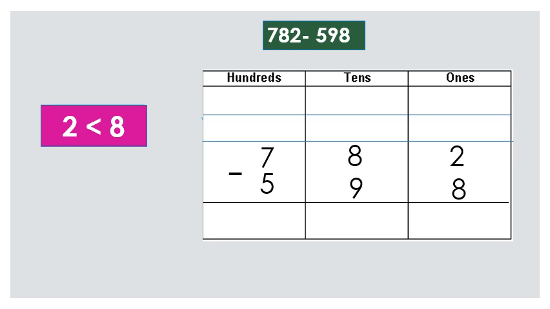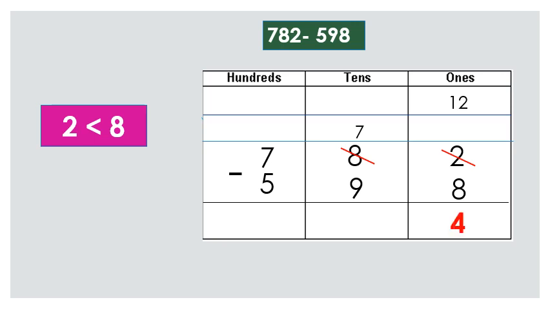Now we have to borrow 1 ten from the tens column. After giving 1 ten, 8 tens will become 7. And after getting 1 ten, 2 ones will become 12. Now subtract 12 minus 8 and it will be 4.